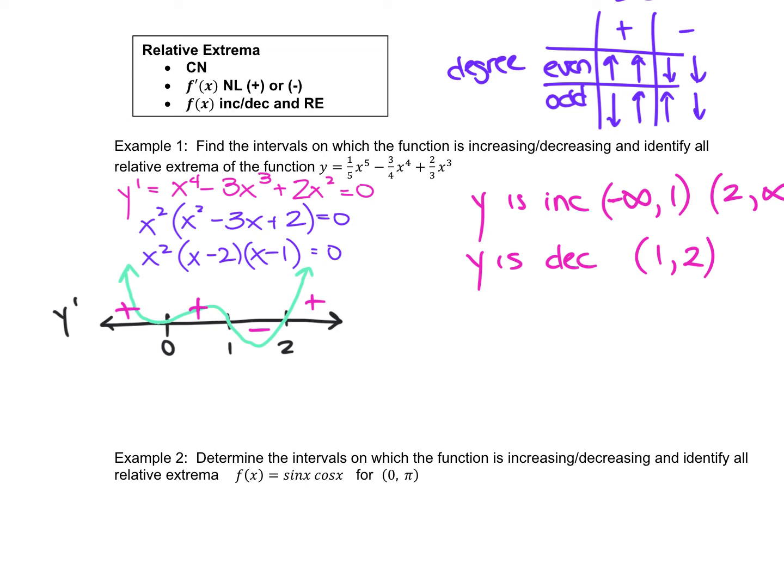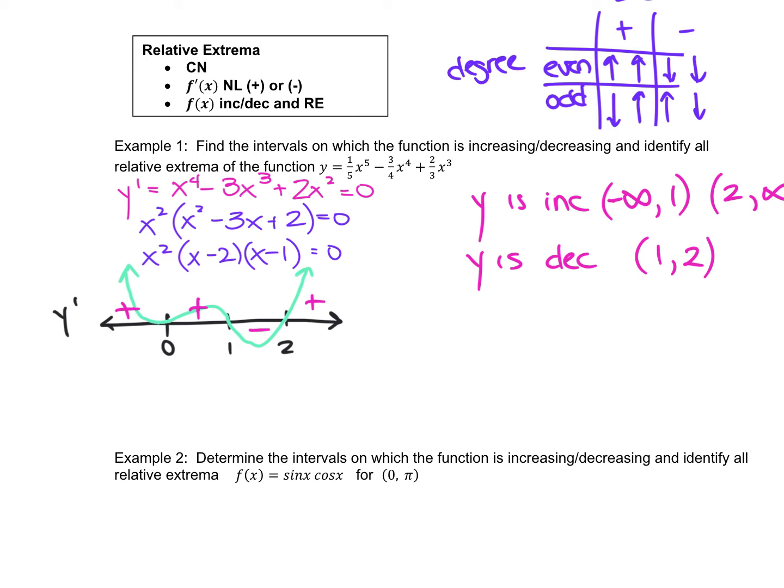I'm talking about this one that we have never looked at. So if we were to graph the original, which we can do in our calculators in just a second, this original would be increasing up to 1 and then from 2 out.